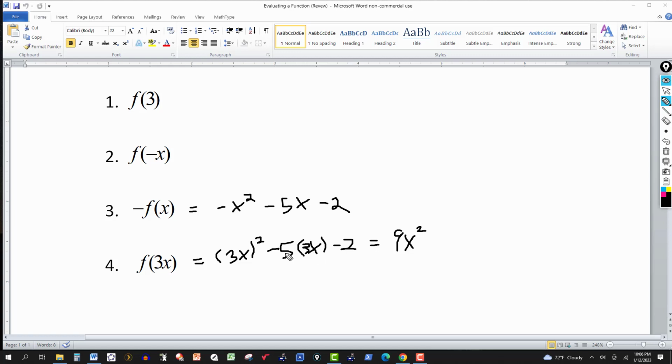And 3x times a 5 is 15x, and minus 2 stays minus 2. No variable there. Miscopied this, so the function was x squared plus 5x minus 2. So this is a plus here. So this is just 9x squared plus 15x minus 2.